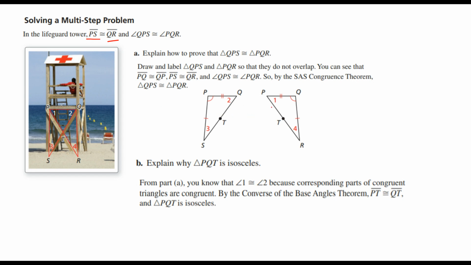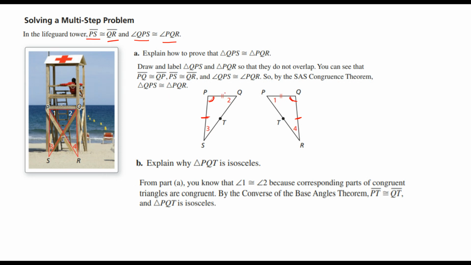So first I might separate them a little bit, and then I'd label what we have. PS is congruent with QR. PS is here, and QR is here. Next, QPS is congruent with PQR. QPS is this angle here, and PQR is this angle here.